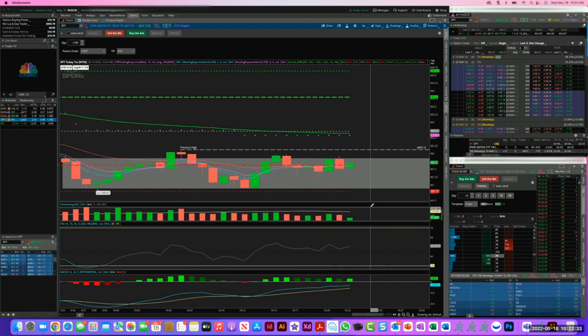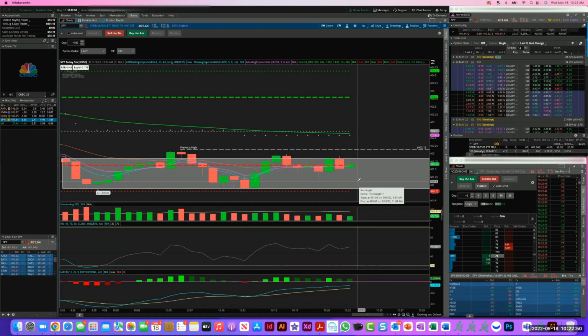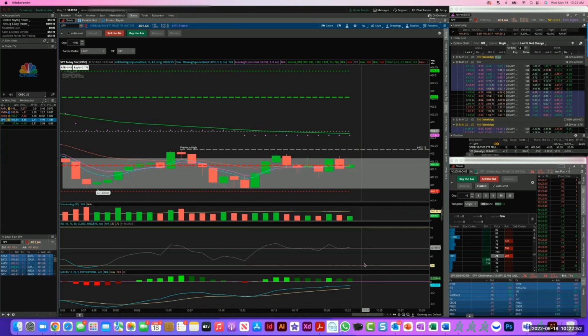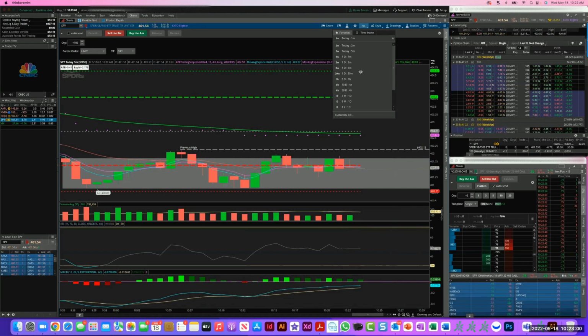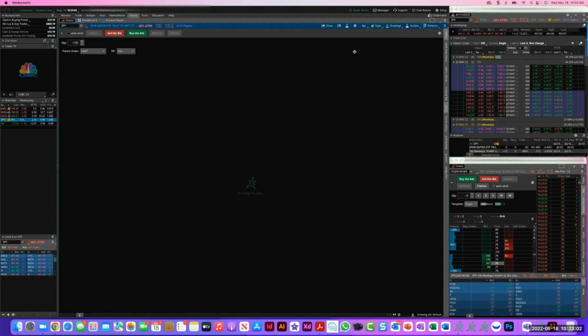All right, so we do have a falling VIX. No real conviction though on SPY. Still in this consolidation, or what I would consider to be a demand zone. I do believe this is where buyers are and have stepped in. And let's just take a look at it again on a 5-minute chart.